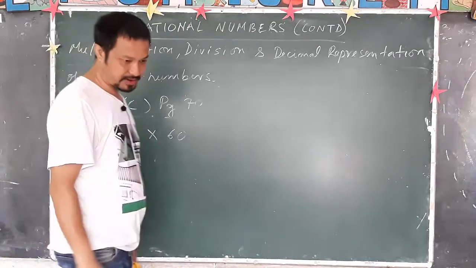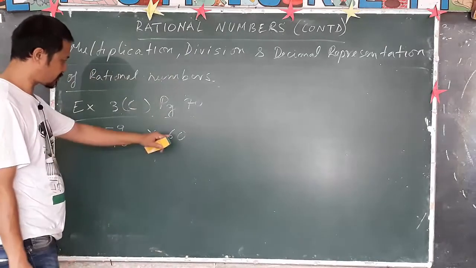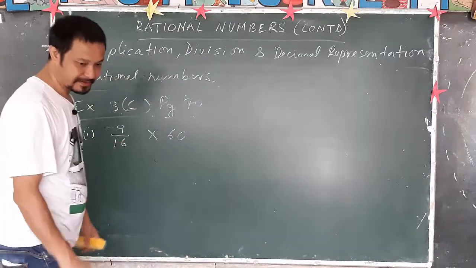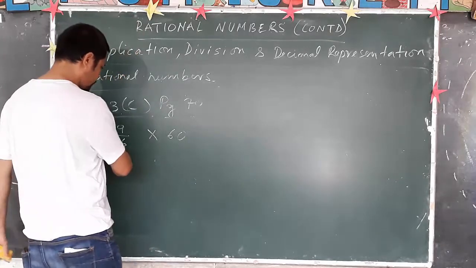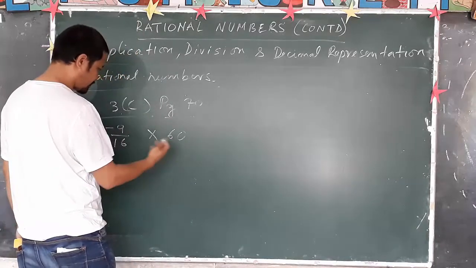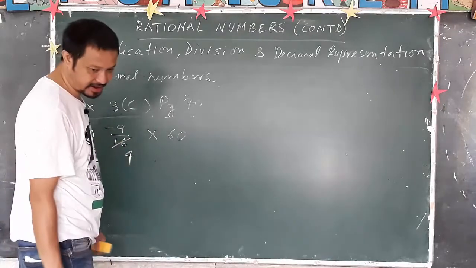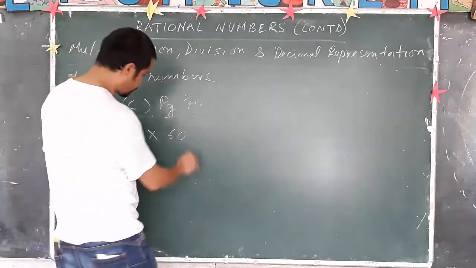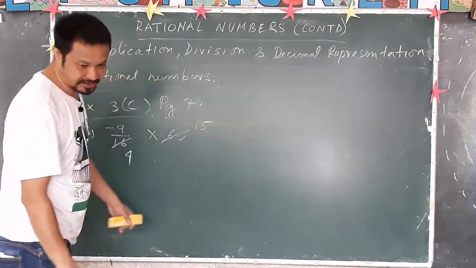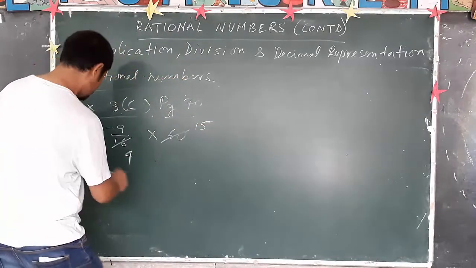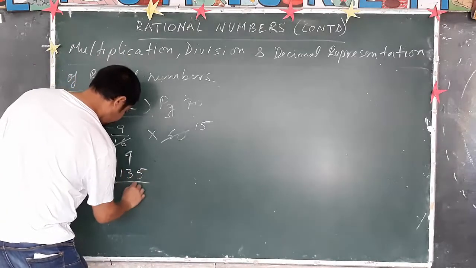Now if you need to see whether you can reduce the numerator, denominator or cross, you can do it. Out here you can see that the common factor between 16 and 60, we can reduce them by 4. So 4 4s are 16 and 4 15s are 60. Okay, so 9 into 15, it is 135, minus 135 by 4.